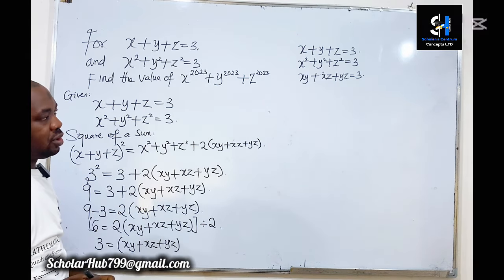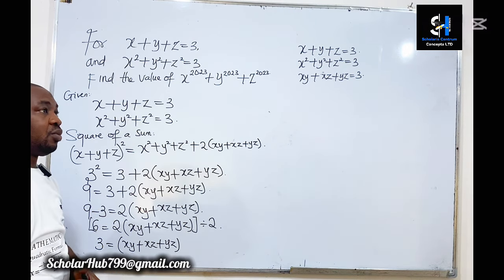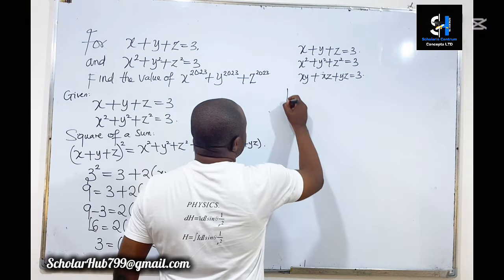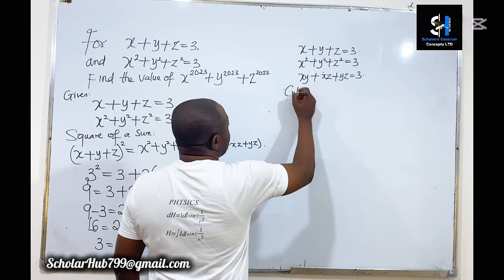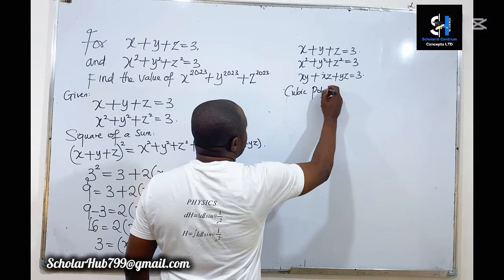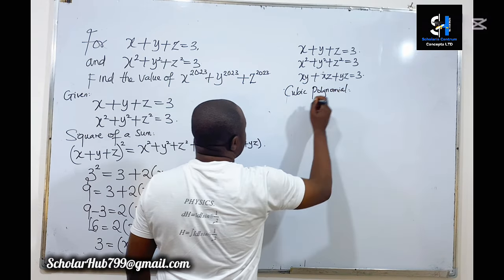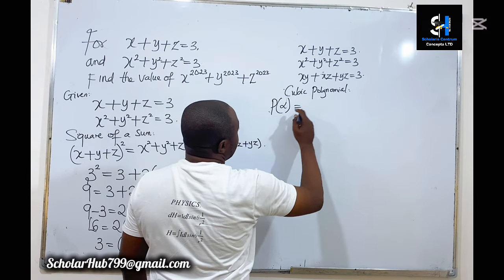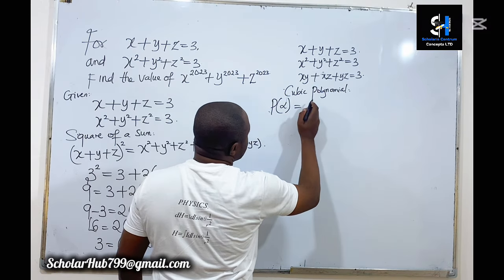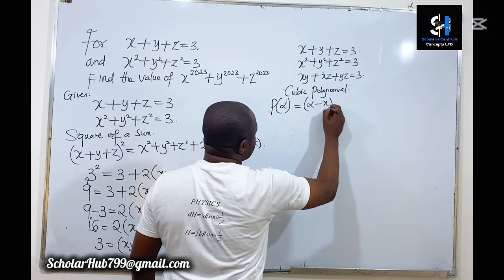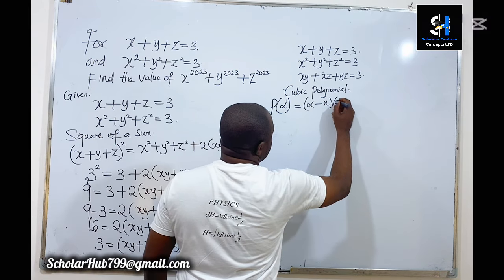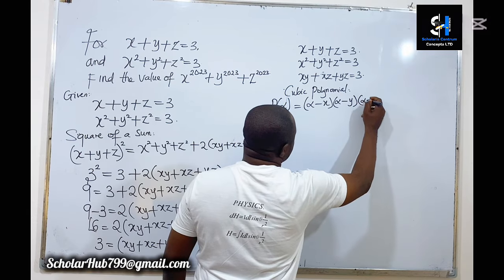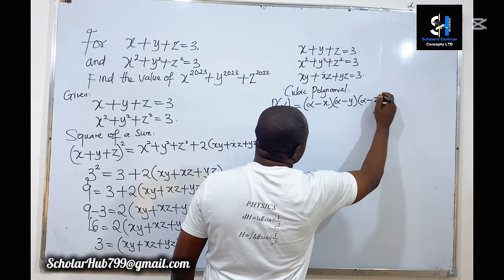So what we need to do now is to apply one of the cubic polynomials. When it comes to a cubic polynomial, we can have P(alpha) equals, the constant in this case will be 1, alpha minus x, times alpha minus y, times alpha minus z.